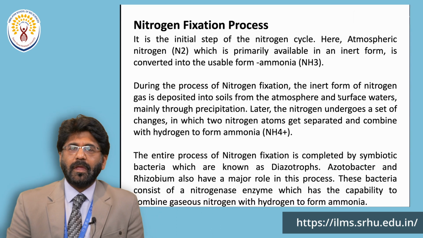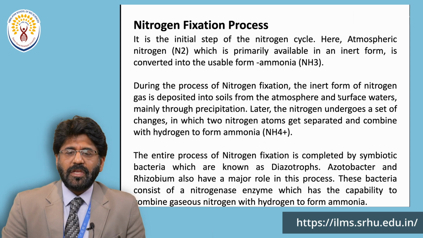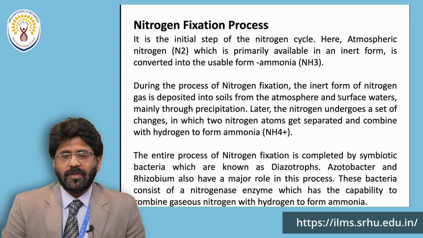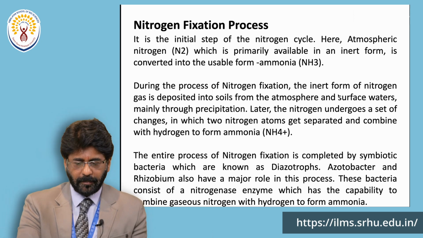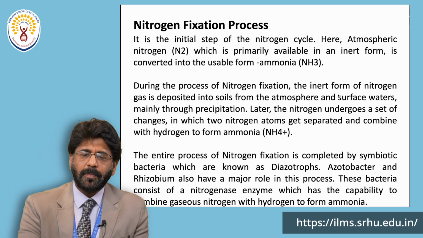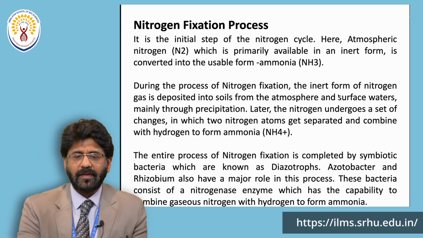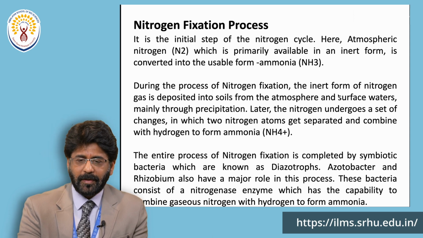Now further, the first process is the nitrogen fixation process. It is the initial step of the nitrogen cycle. Here atmospheric nitrogen, which is primarily available in an inert form, is converted into the usable form, ammonia, NH3. During nitrogen fixation, the inert nitrogen gas is deposited into the soil from the atmosphere to surface water, mainly through precipitation.